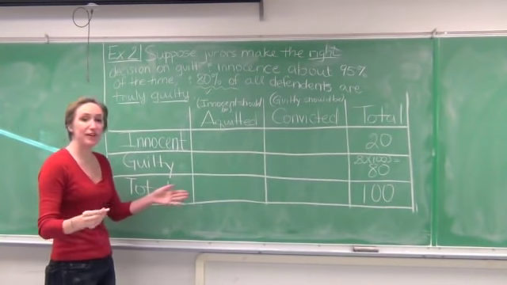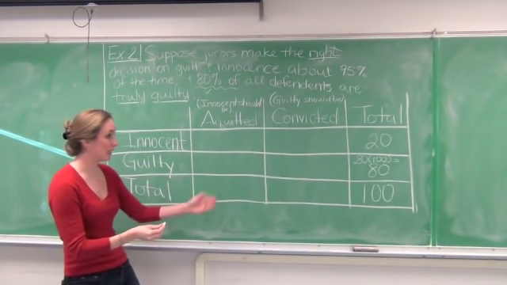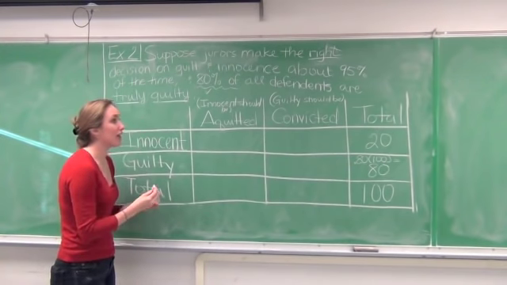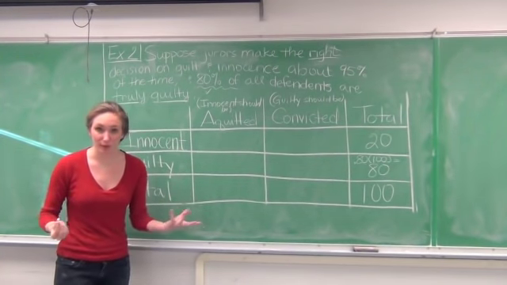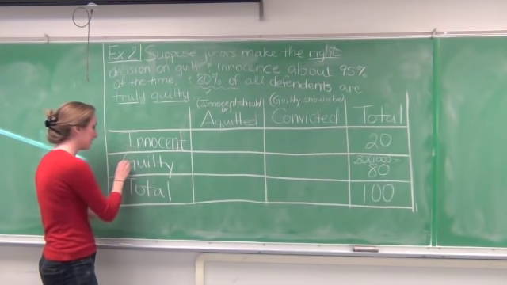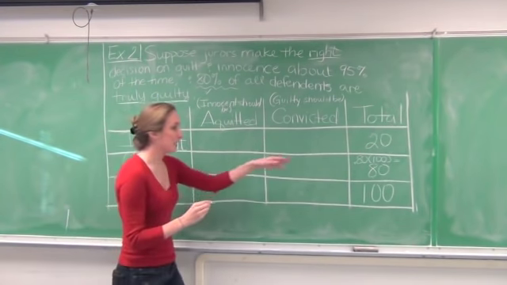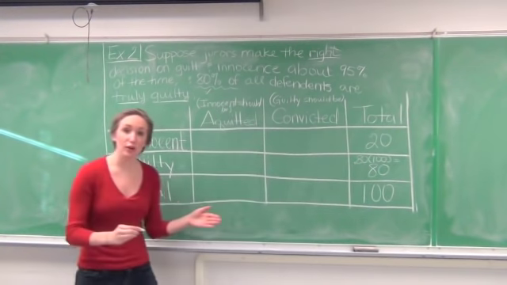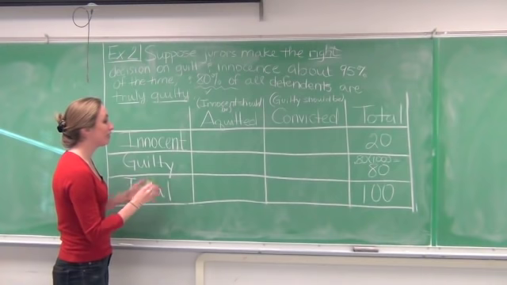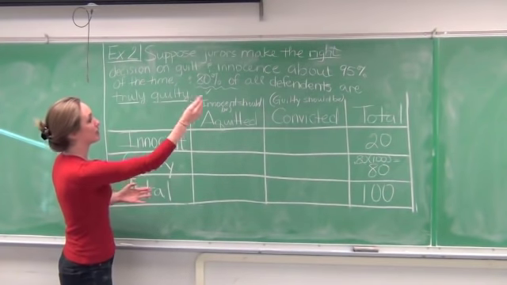Now, once we've divided our defendants between being innocent and being guilty, the next thing we need to figure out is their likelihood of being convicted or acquitted. So, let's first look at the guilty. Of these 80 guilty defendants, the jury is going to make the correct decision of convicting them 95% of the time.